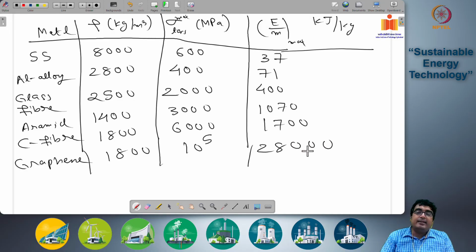So we can see that with the advent of modern materials, you are getting significantly higher specific energy densities as well as volumetric energy densities, which are directly proportional to these ones, in modern flywheel systems, which make them viable as a fast response energy storage technology in renewable energy grids.